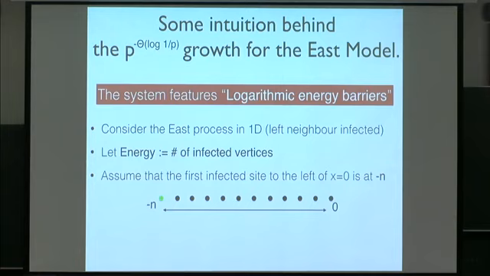Remember that each infected vertex has a cost p in the equilibrium distribution. Let's say that we want to infect the origin, and if we look to the left, we find the first infected vertex at distance n.